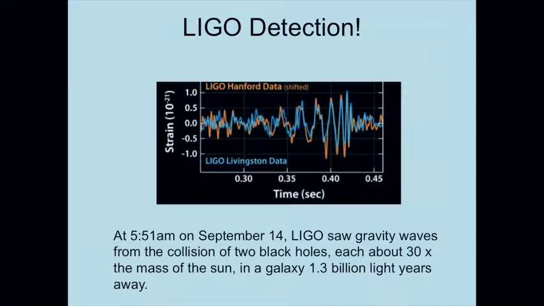And it was evident very quickly that this was the result of the collision of about 30 solar mass black holes, 29 and 32 solar masses. The whole thing took less than half a second. The most interesting piece was less than 1/10 of a second, where the event horizons coalesced. And this happened in a galaxy 1.3 billion light years away.